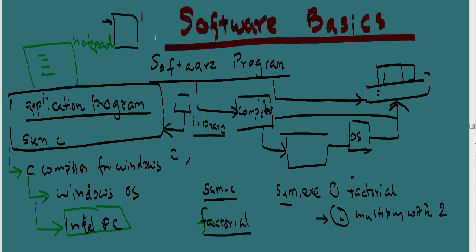Somebody can create a library with many such display functions and provide it to all the programmers of the company. Hopefully that gives you a good idea of software programs.